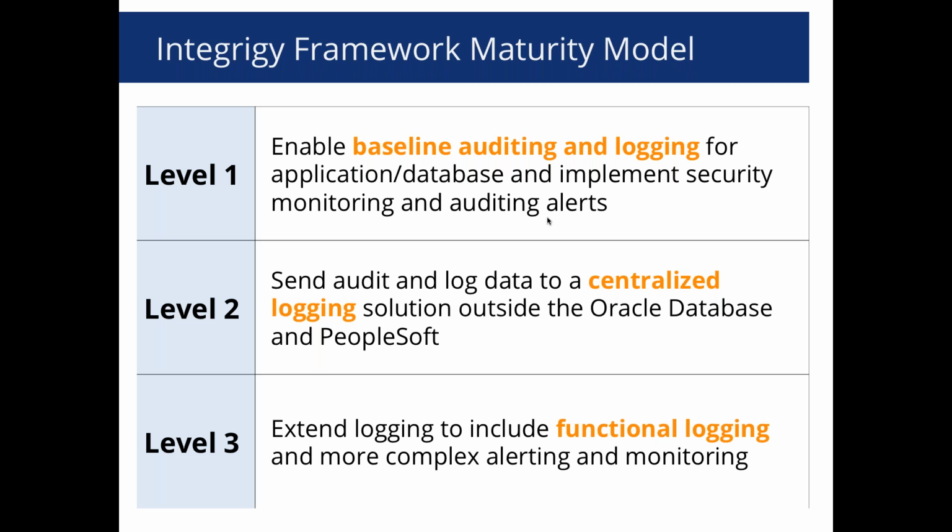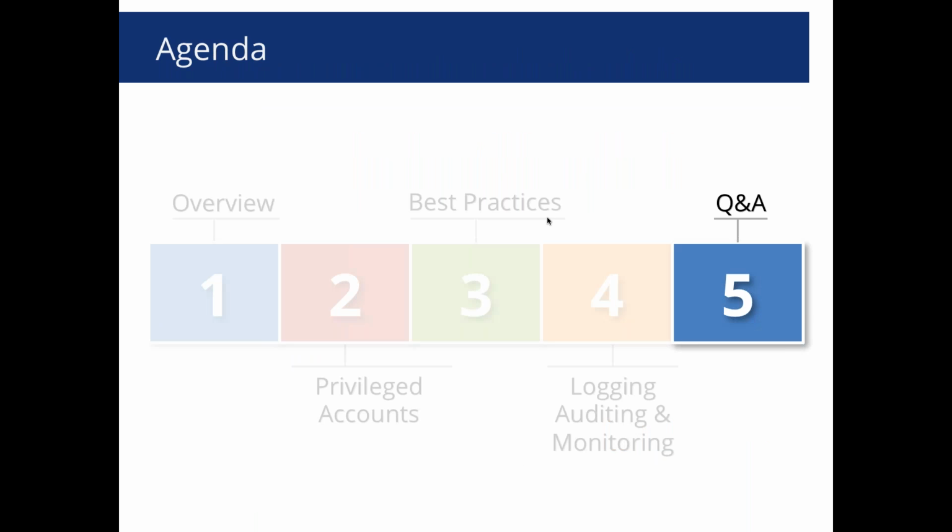What the framework does is start out with a level 1 baseline of auditing, if you don't already have that in place. Once you've centralized it, you move on to some more advanced correlation, and then a never-ending, continuous improvement loop at level 3, where you can build more and more layers of security in over time.